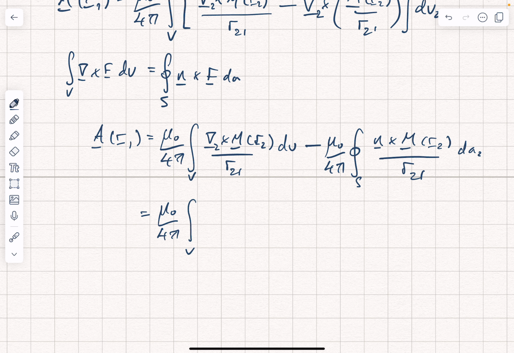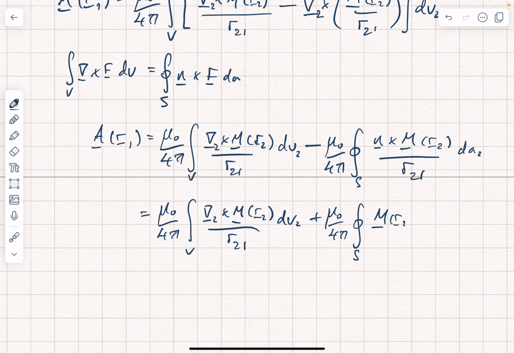We have a volume integral of something, curl of m at r2 over r21 dv2, there should be a 2 there, plus mu naught over 4 pi times the closed surface integral of something, m crossed with n, divided by r21 dA2.